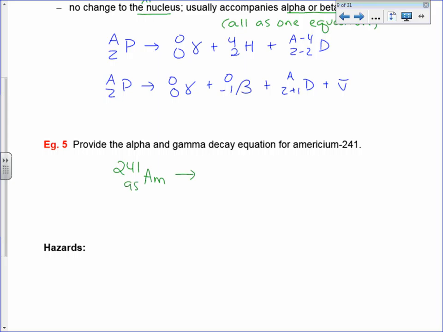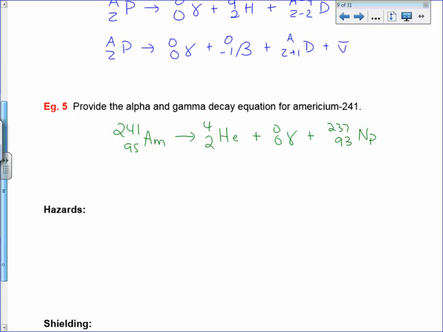It's going to undergo alpha decay, 4 2 He for alpha, plus 0 0 gamma, plus 241 minus 4 is 237, and 95 minus 2 is 93, and that is neptunium. Then just remember, if you did beta decay as well, you'd have to include the neutrino: beta negative has an antineutrino, beta positive has a neutrino.